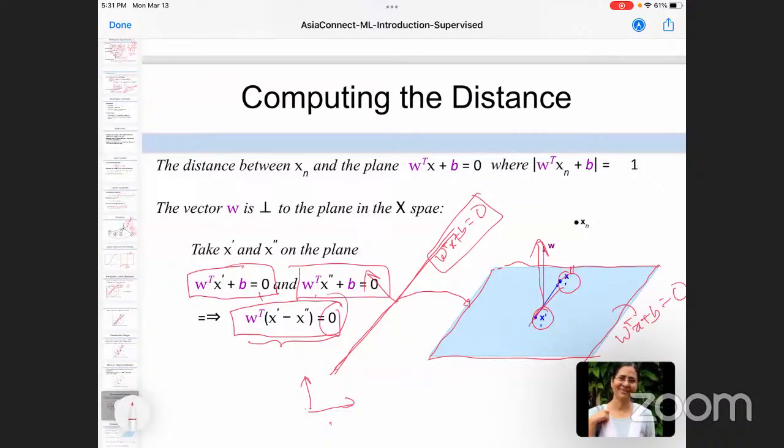So this is a line, and this is W transpose, and this line. As this is 0, it is verified, proven, that W is perpendicular to this plane. Because from linear algebra, if you take the dot product of two vectors and it is 0, they are perpendicular. Dot product is 0.